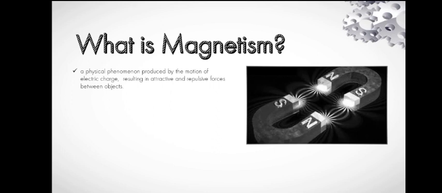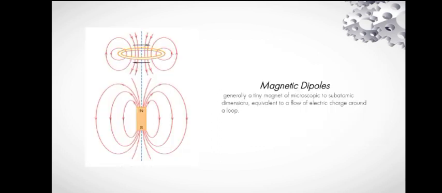That is how magnetism works, which we already know for years, but still we are not aware of its principles and mechanism. So now, in this presentation, we will discuss its properties, principles, and mechanism. So let's start on magnetic dipoles.